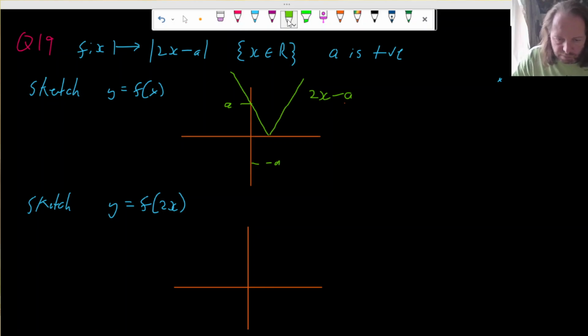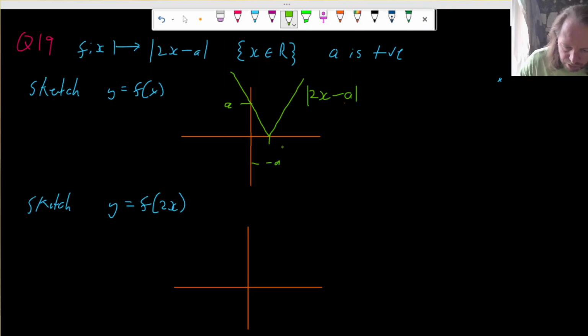I forgot to write my modulus on here, or more to the point, now that is bouncing on the axis. Now, where is this point? We need to mark where that is. For every one across, it goes up 2. Is it going to be a over 2? Where would it cross? It would be half of a, wouldn't it?